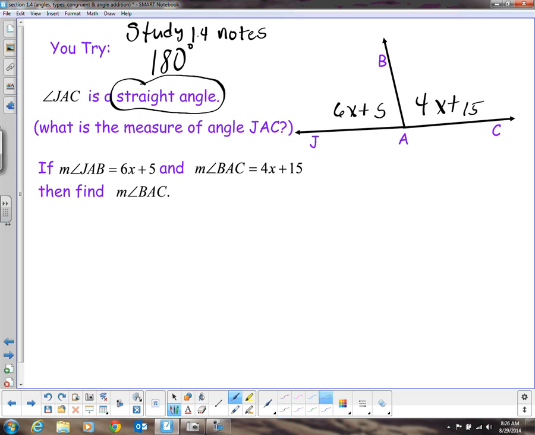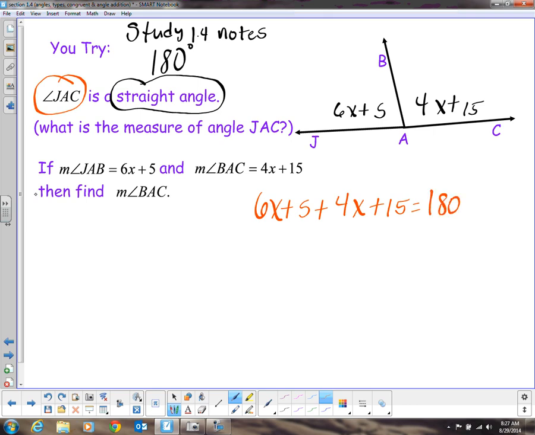What is our equation? 6x plus 5, 4x plus 15. What does it equal? What is JAC? Yes, equals 180.